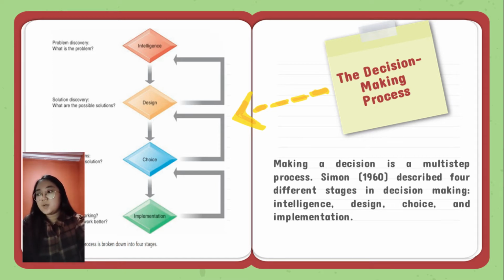Then we can go to choose the solution as what is the best solution. And the last one, solution testing, which is the solution working or can we make it work better? Making a decision is a multi-step process, as Simon in 1960 described four different stages in decision making, which is, as I said before, intelligence, design, choice, and implementation.